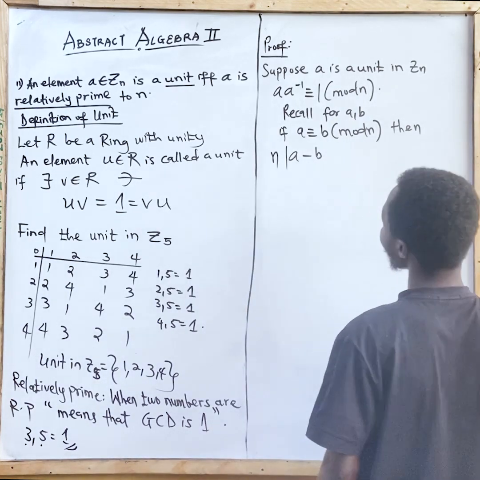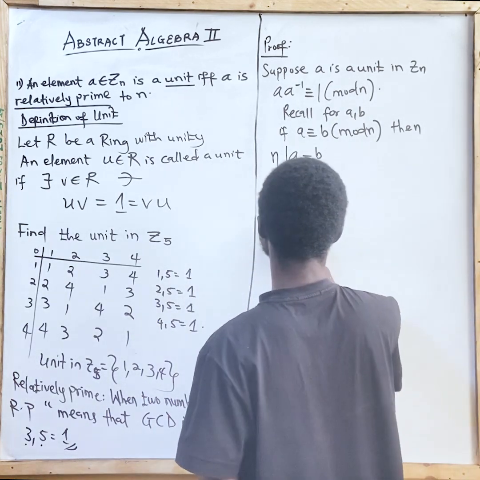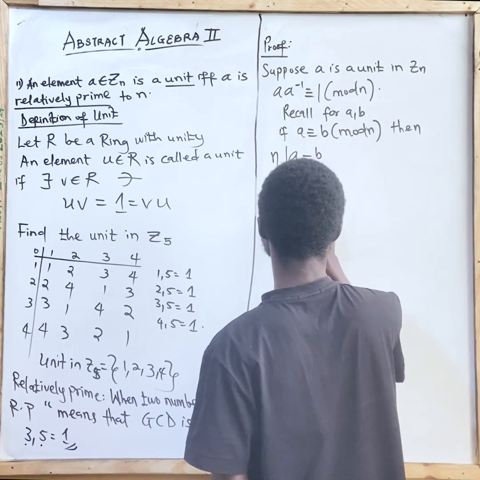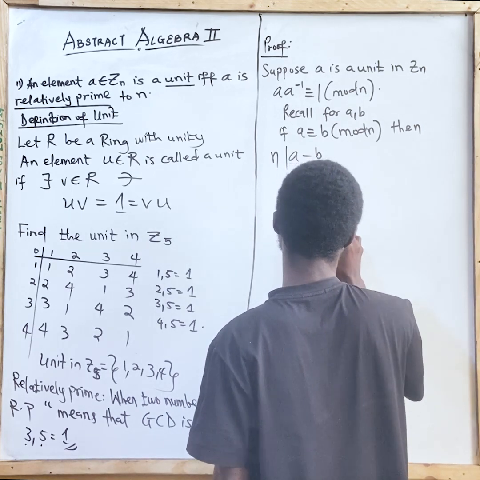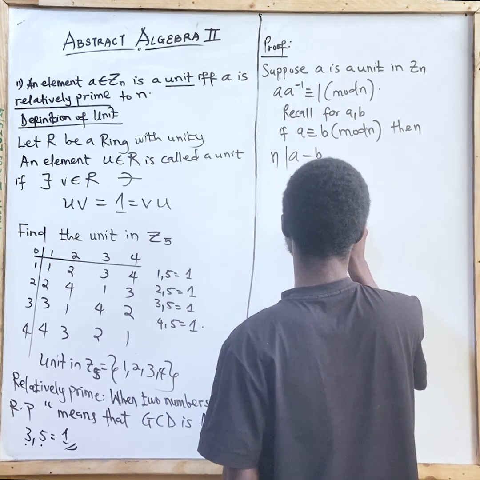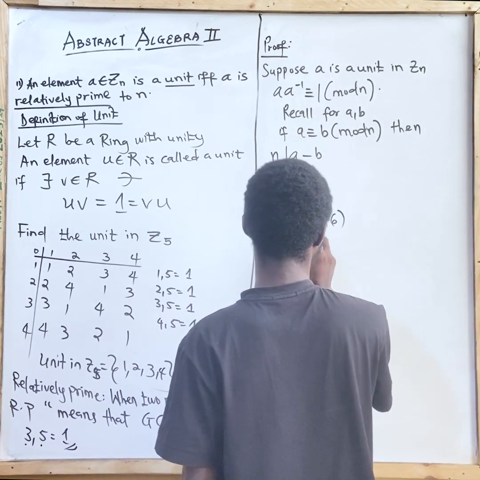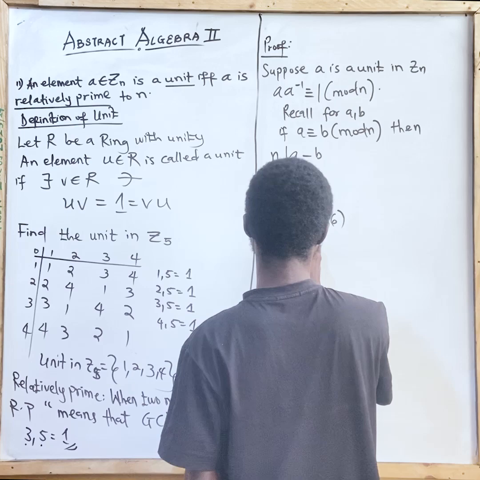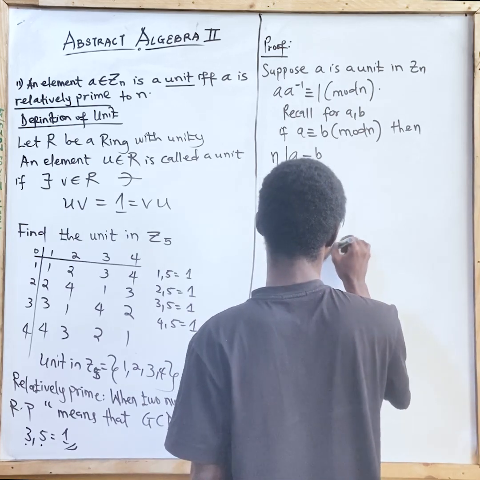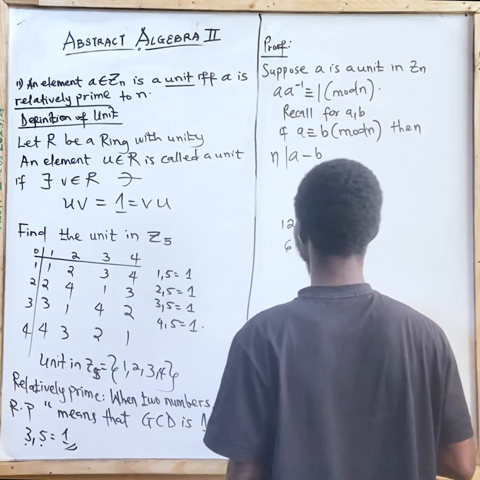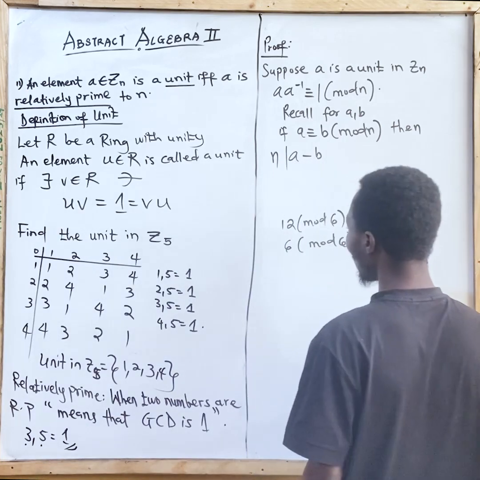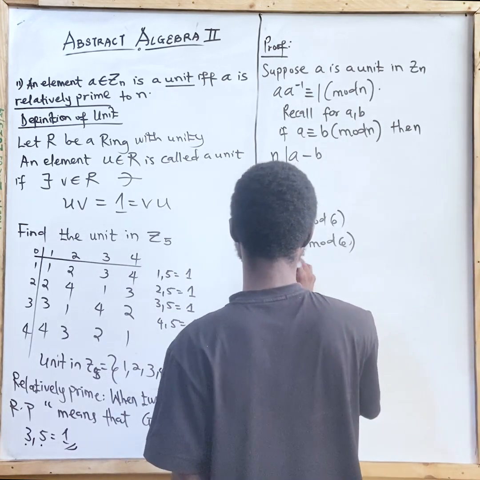Let's cast our mind back to modulo. If they say, let's say, 12 mod 6, and then 6 mod 6. If they ask me whether the both of them are congruent, first thing I'll do is 12 divided by 6.